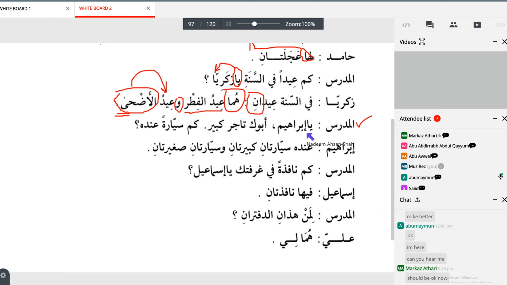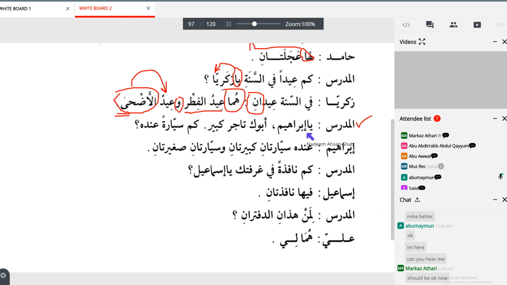So basically, Hatani is the fifth thing that's being introduced in this class. And Hatani is the Muthanna, the dual, of Hadihi. So we have Hada, Hadani, we have Hadihi and Hatani.